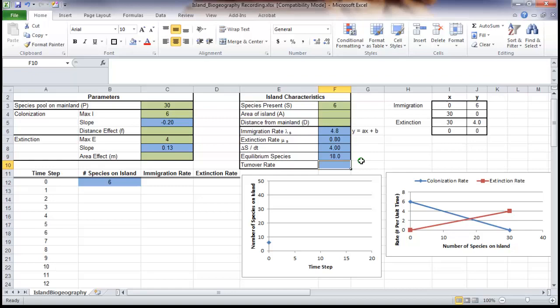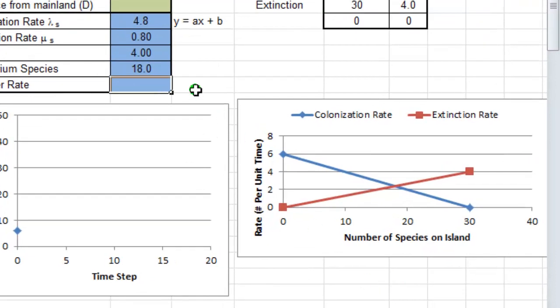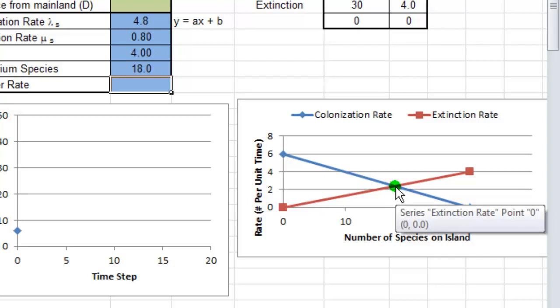So this is exactly the example that Jed showed in his video. Let's take a look and see where we find 18. Here we have the number of species on the island, and at 18 we see that the colonization rate is balanced perfectly. They match exactly with the extinction rate.